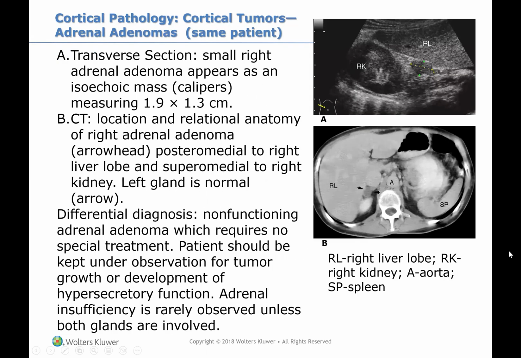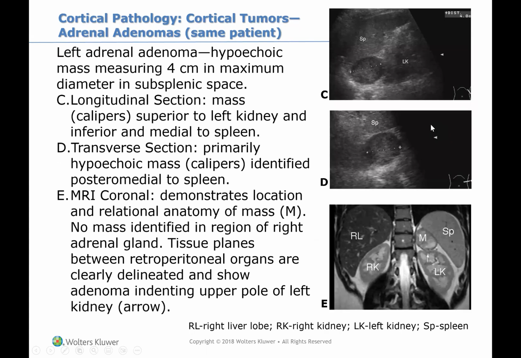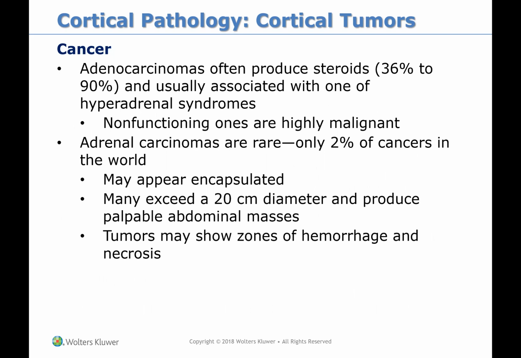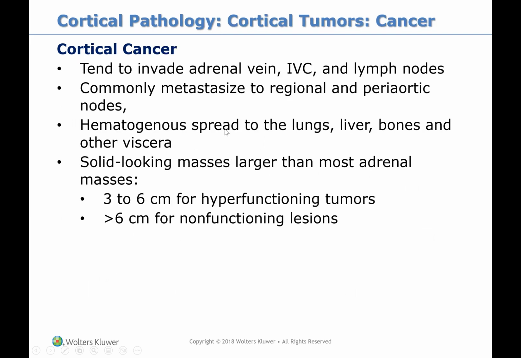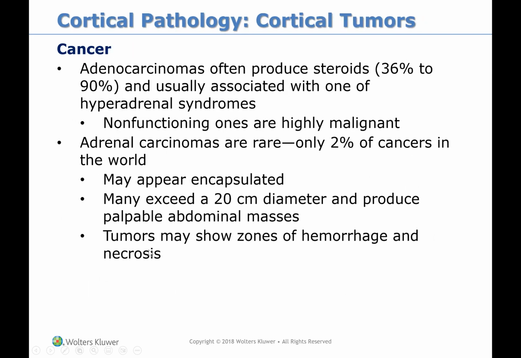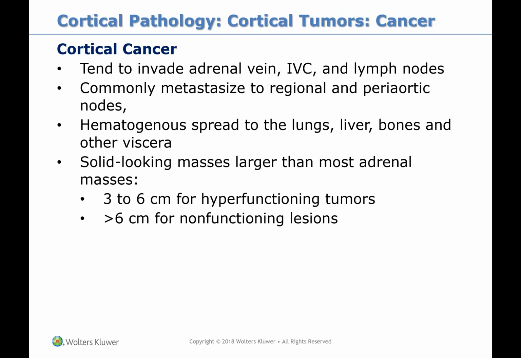That was just a little mass on the adrenal gland. Now cancer: what you need to know is that adenocarcinomas often produce steroids and are usually associated with hyperadrenal syndrome. Cortical cancer tends to invade the adrenal vein, IVC, and lymph nodes.